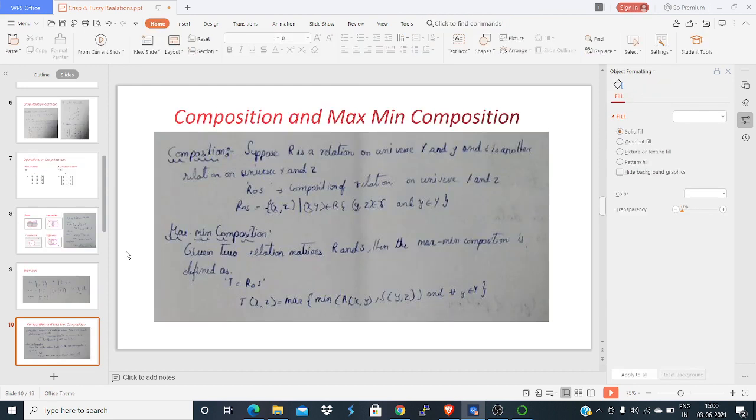Next, composition and max-min composition. In composition, let's take X, Y, Z. These are 3 sets.